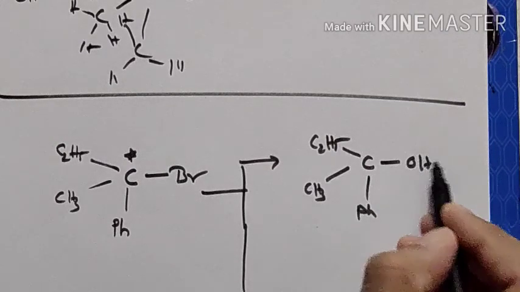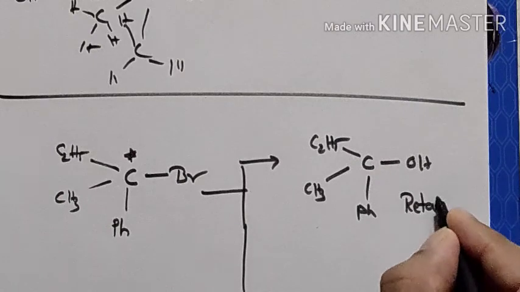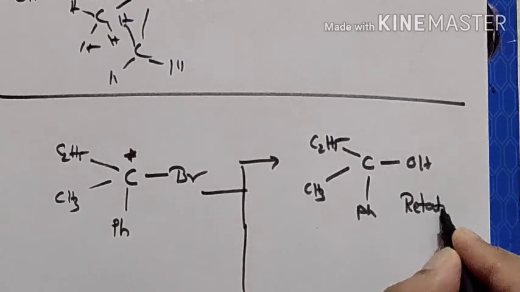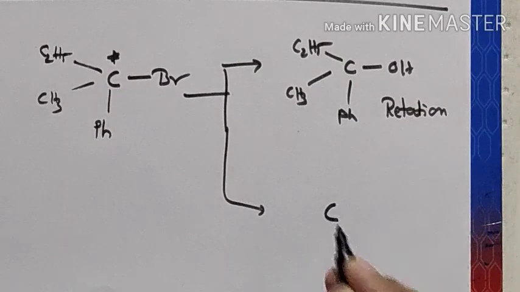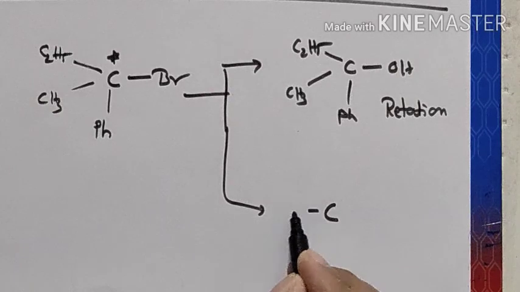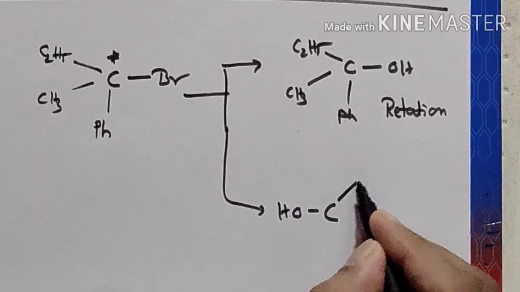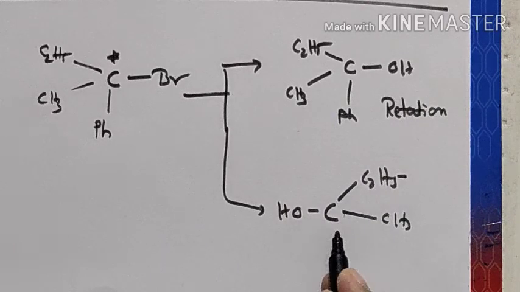Here comes OH. This is called retention, student. But if we take it like this, here comes OH and this C becomes like this, right? So this is inversion.